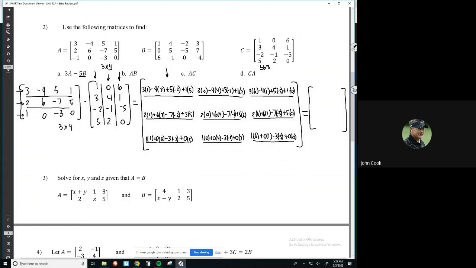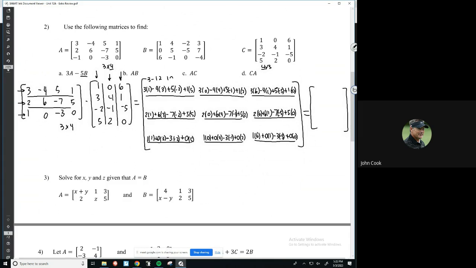All right, now let's start adding all this stuff together, and that'll be it. That'll be the multiplication for letter C. So we've got 3 minus 12 minus 10, and then plus 5. So that'll be, let's see here, 8 minus 10 is negative 2, negative 12 is negative 14.